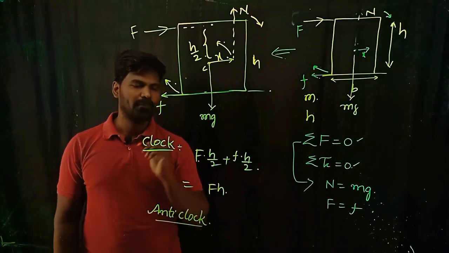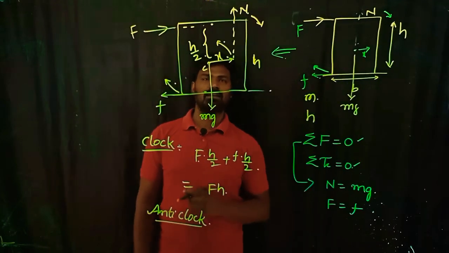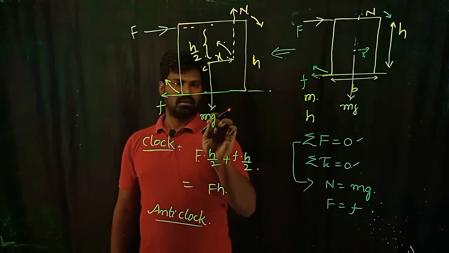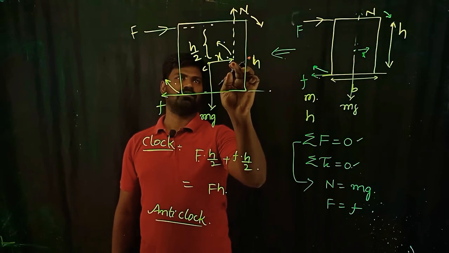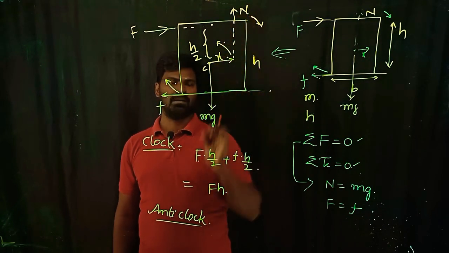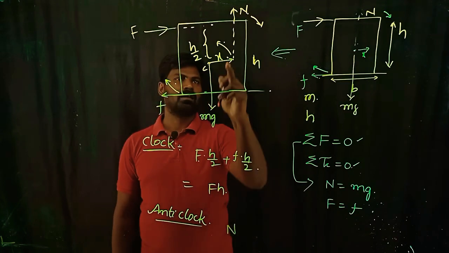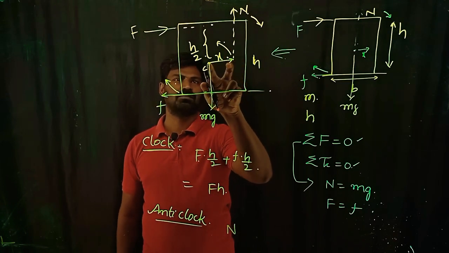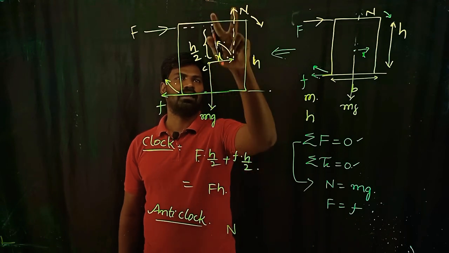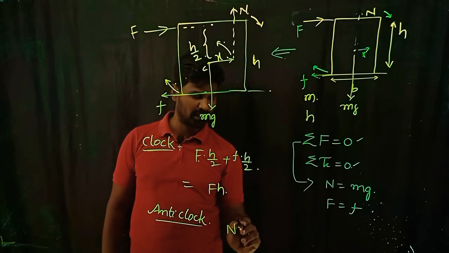Next I am going to write down the anticlockwise, or counterclockwise, torque. The torque due to the gravitational force is 0. The only thing producing counterclockwise torque is the normal reaction. Therefore, the torque due to the normal reaction is given by the normal reaction force into the perpendicular distance between the point of rotation and the line of action of force, that I am assuming as x.